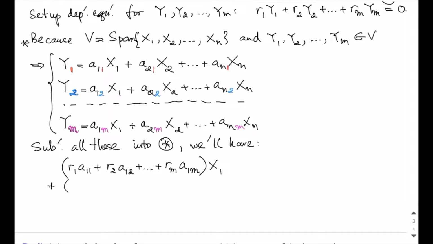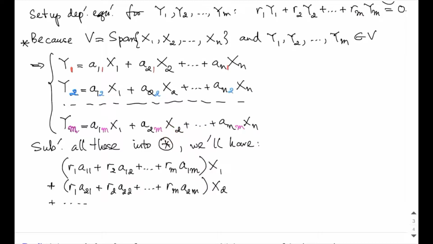Now we are going to take a look at x2. What will we have with it? All right, so just be careful. R1 multiplied with a21 x2. So R1 a21 x2. Now R2 will be multiplied with a22 x2. And Rm will be multiplied with a2m x2.